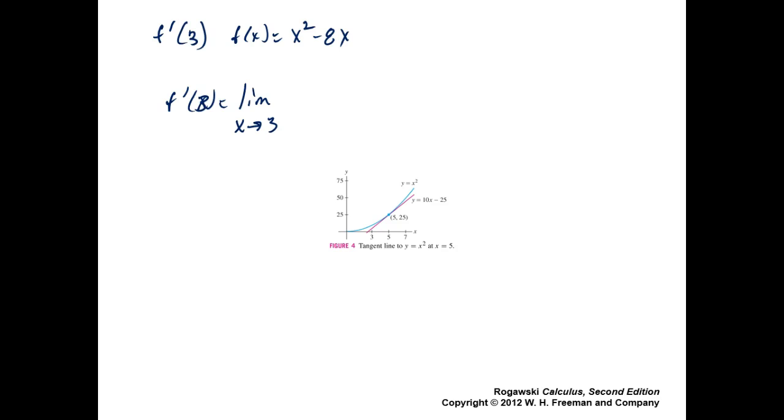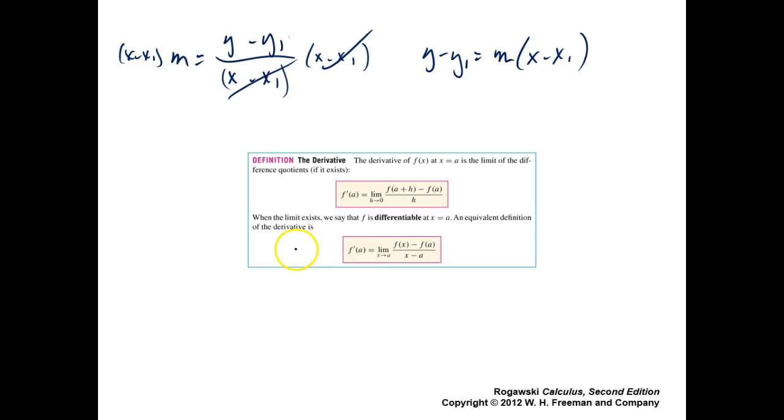How does that go? Okay. Let me flash back here. We're going to use this form. X is approaching 3, so it's more like this than that. So it's the limit of f of x minus f of a over x minus a, right?